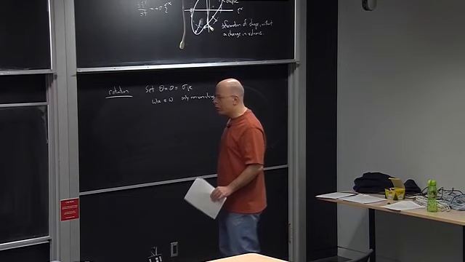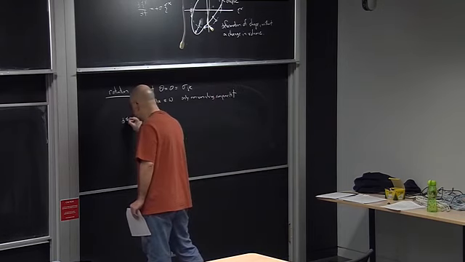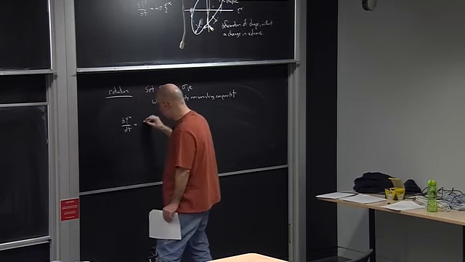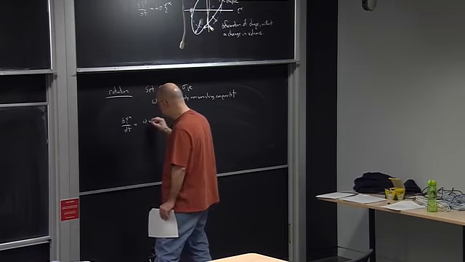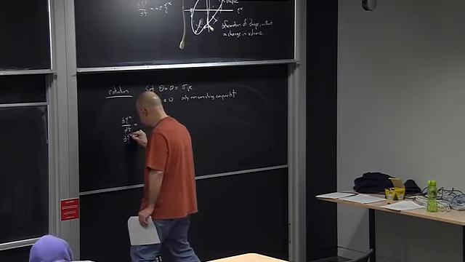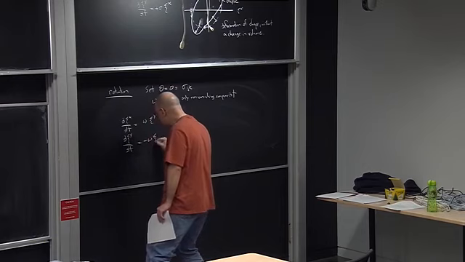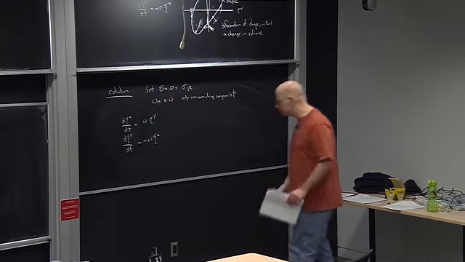Which means that my equations now for dx/dt are going to be almost the same as what I had before for the shear, but now there's going to be a crucial minus sign in the second equation.